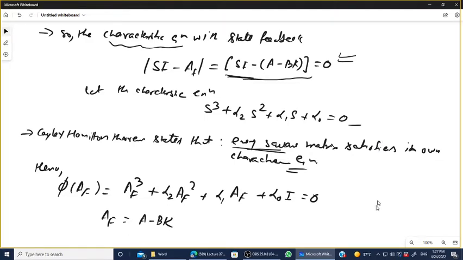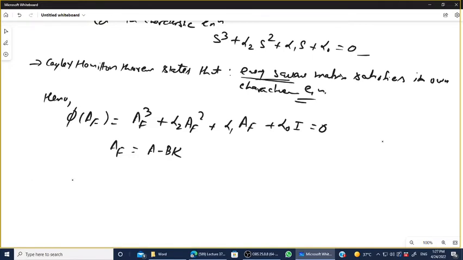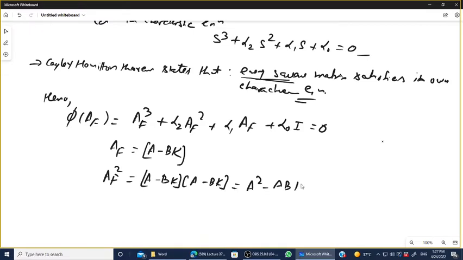Now, since AF equals A minus BK, what is AF square? AF square is (A minus BK) into (A minus BK), and it will be A square minus ABK minus BK into (A minus BK), which gives A square minus ABK minus BK AF.